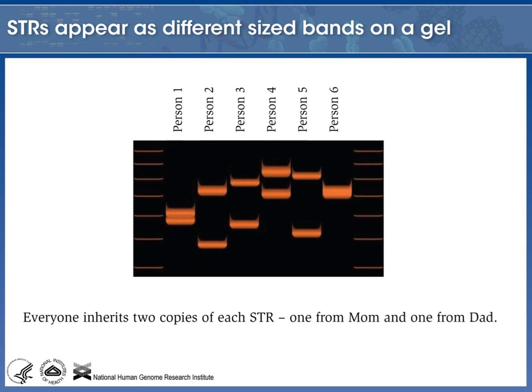And then what we do is these repeats, remember, are a certain number of repeats long. So let's say you have a repeat that's 4 letters long, 4 base pairs long, and you have, let's say, 3.